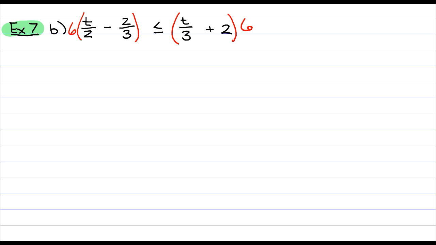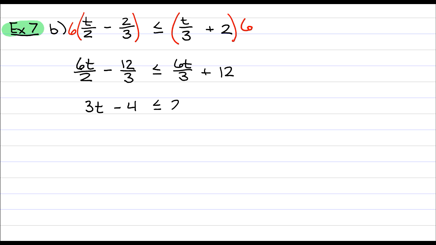And that's going to give me 6t over 2 minus 6 times 2/3, which is 12 over 3, less than or equal to 6 times t over 3, which is 6t over 3, plus 6 times 2, which is 12. Okay, so simplifying this, I'm going to get 3t minus 4 less than or equal to 2t plus 12.